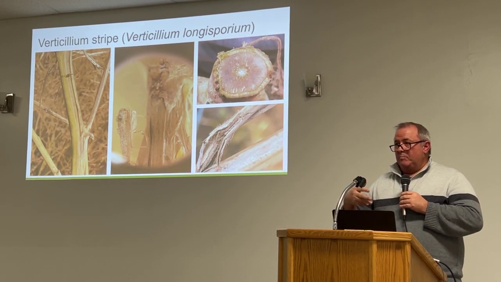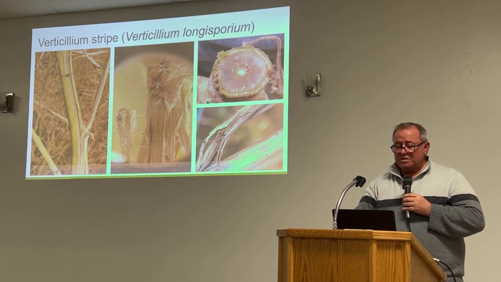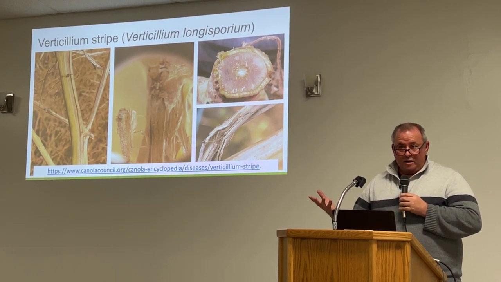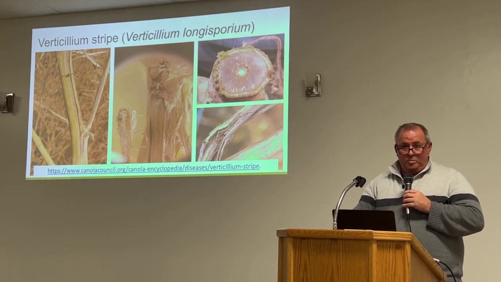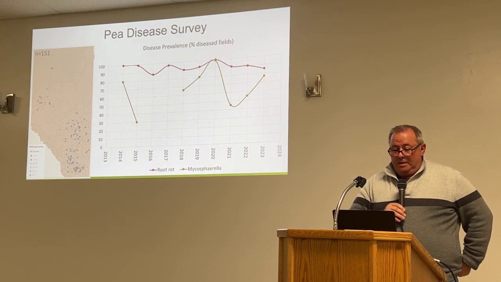So this is the other emerging disease in Alberta I wanted to just mention in canola. And there's a ton of information on the Canola Council's website about this if you want more. If you need some homework, you can go ahead and take that home and learn more about it.